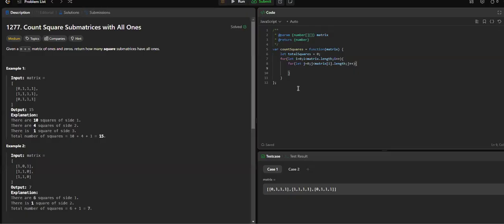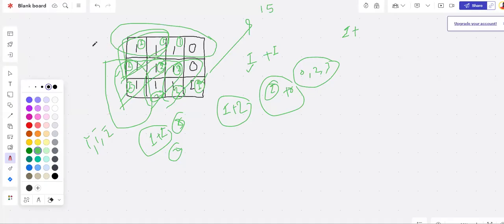Now let's try to fill the first row and first column, like these three values, and try to sum them. So we'll say if i equals 0 and matrix[i][j], right? That means we are in the first row. For this one, we are in the first row and those numbers are 1.